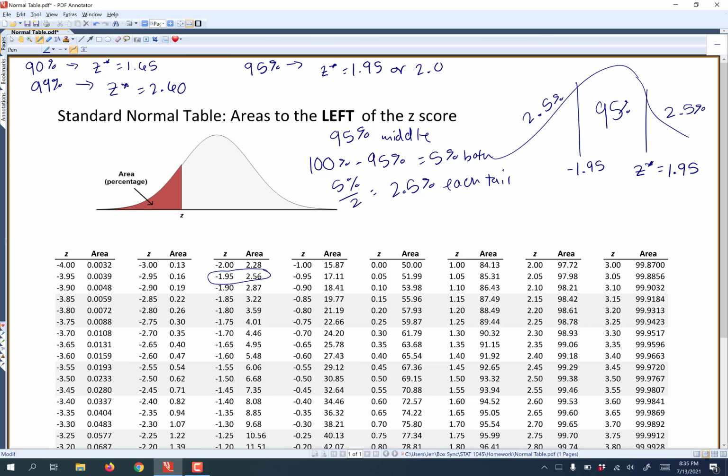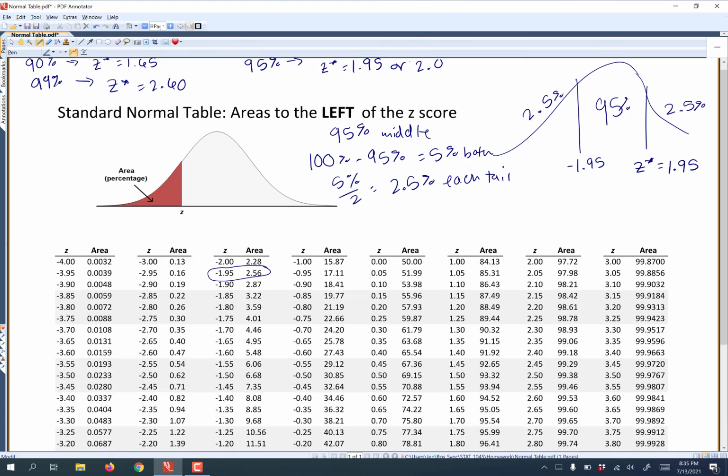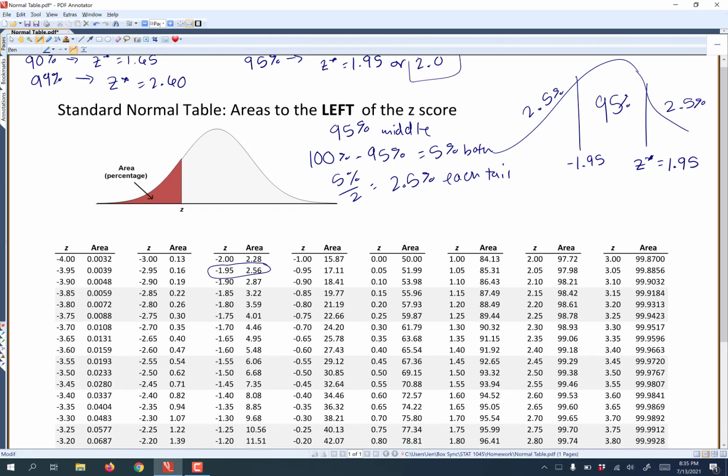It would have been a lot harder for you to memorize that 95% is within 1.95. So 1.95 is a little bit closer, but we just memorized 2.0. The book will always use 2.0 just because that's what they had you memorize. It's close enough. Again, it's not going to affect your answers. You can use either one.